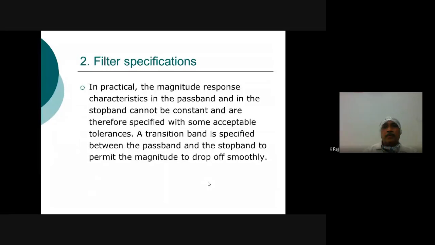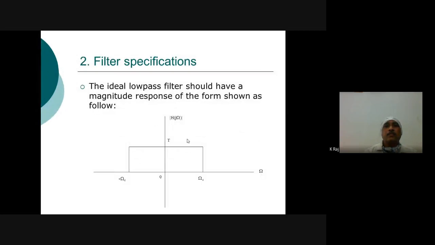Now in practical cases, the magnitude response characteristics in the pass band and in the stop band cannot be constant and are therefore specified with some acceptable tolerances. A transition band is specified between the pass band and the stop band to permit the magnitude to drop off smoothly here.